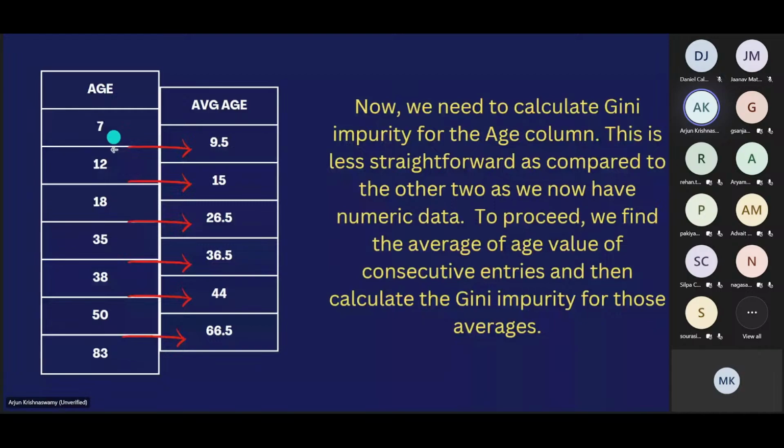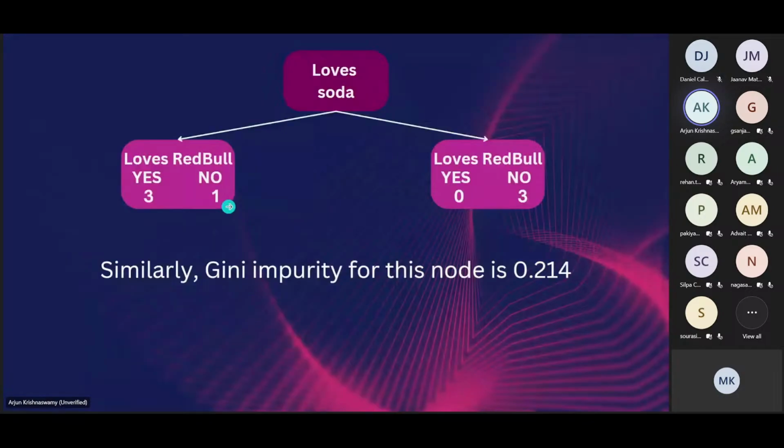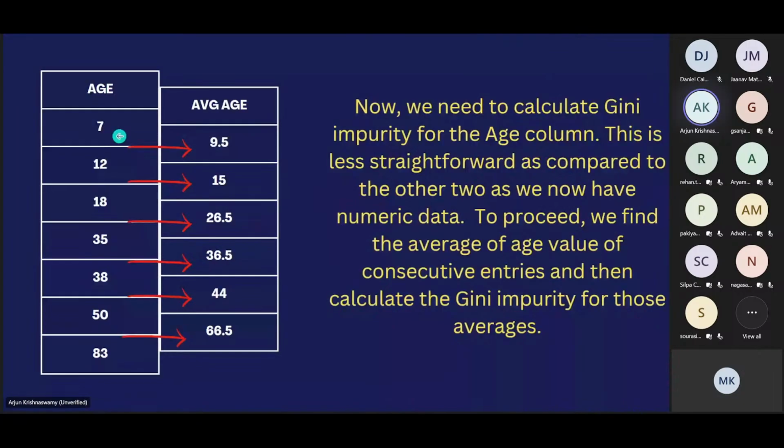So this contains numerical values, so it's not as straightforward as loves fruit juice or loves soda, because those are just yes or no values. We can't just use any one of them to directly classify. But there's a very smart method to deal with this problem.